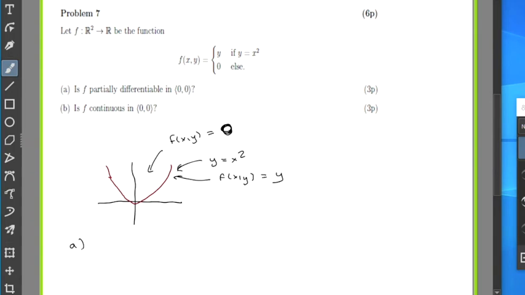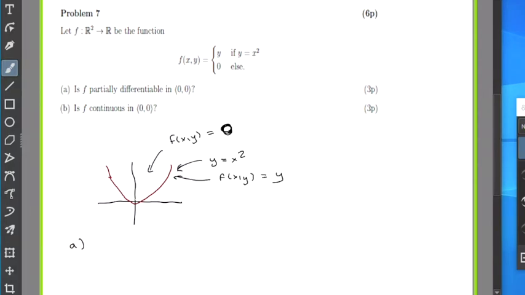We cannot simply look at both of these 2 expressions by themselves, as the function always equal to y and the function always equal to 0, and say that those 2 parts are partially differentiable or continuous, and conclude that the entirety is continuous.